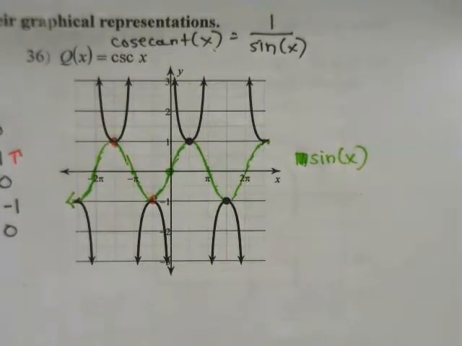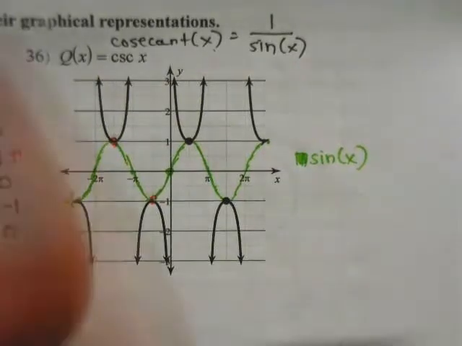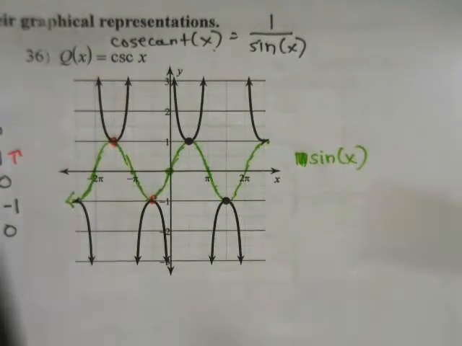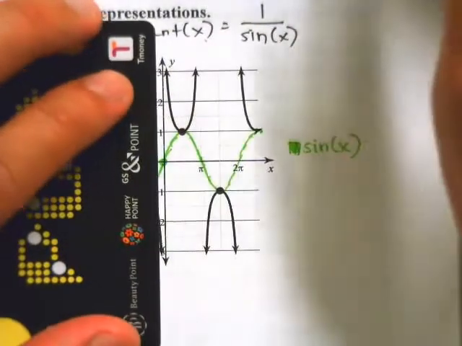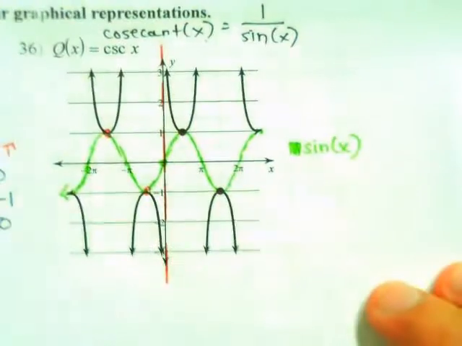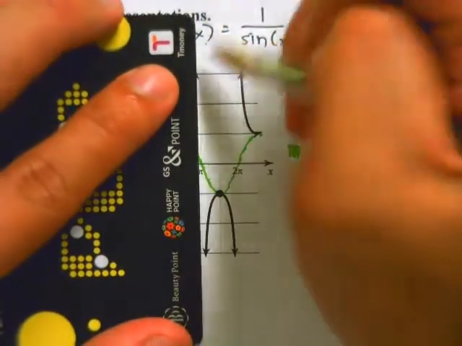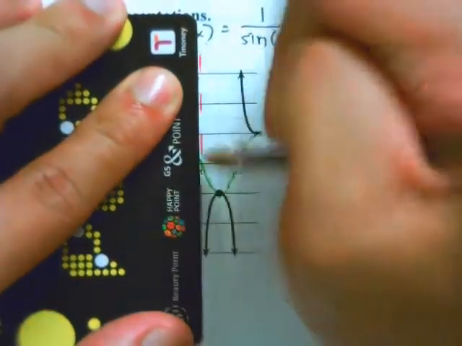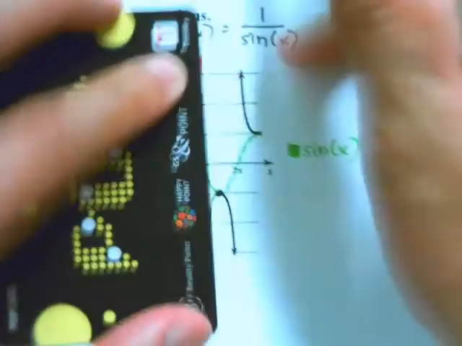And I'm going to get some sort of straight edge because we can add some asymptotes or boundaries to this. Okay, so we do have some asymptotes. Asymptotes are every pi. Okay. So this is not for the sine graph, this is for the cosecant.